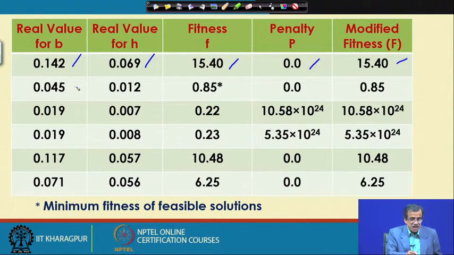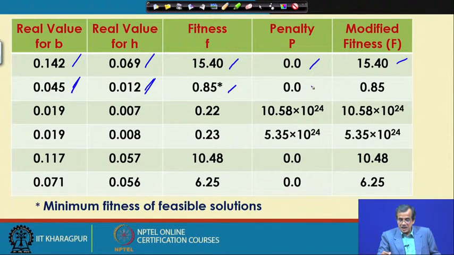Similarly, for the second GA string, this is the decoded value of B and H, this is the real value for B, the real value of H, and this is the function value, that is the fitness value, and here there is no violation of this functional constraint. So, the penalty term is put equal to 0 and the modified fitness 0.85 is nothing but the original fitness.